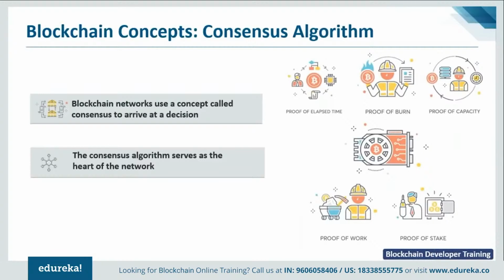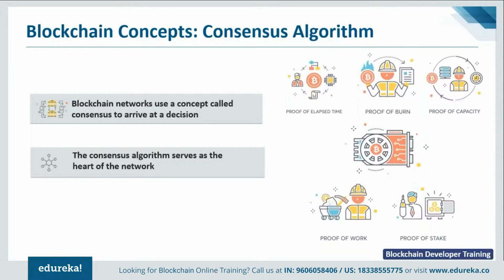Now that I've told you about the consensus algorithm, it's only fair we discuss it, as it is the third principal concept that keeps blockchain technology up and running. The consensus algorithm allows a peer to come to a decision whether a transaction is valid or not. A consensus algorithm can be thought of as a complex math problem. This problem is solved by miners or anybody on the network. Coming back to the topic of consensus algorithms, there are many types.